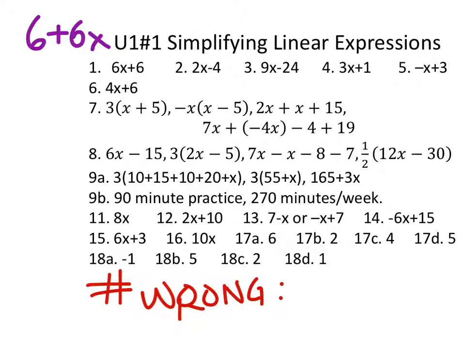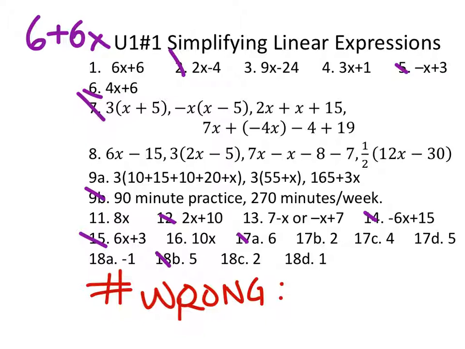Let's say that I missed 1 point on number 7, and then I missed 1 point on 9b, which was worth 2 points. And then maybe I missed 14 and 5 and 2 and 18b and 17a and 12 and 15 and 6. All right?